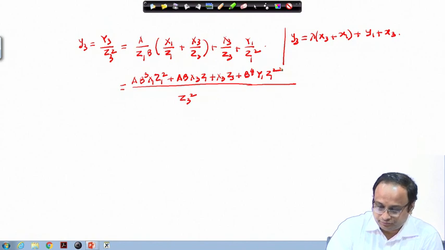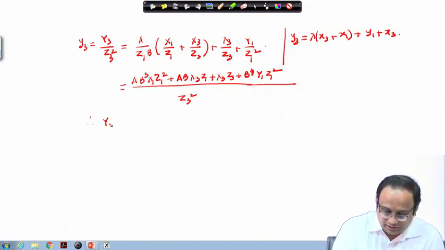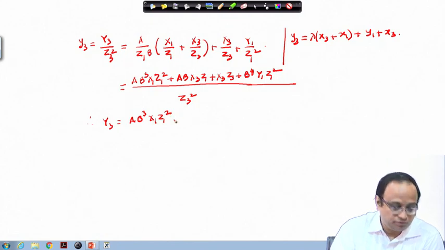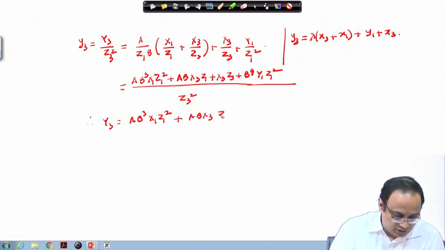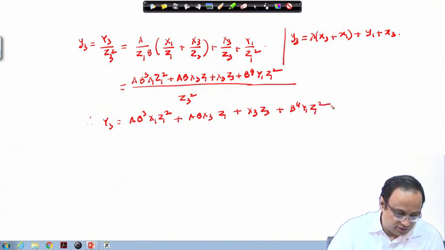Okay. Right. So, if you have these components, then now you can write therefore Y3 as AB cube X1 Z1 square plus AB X3 Z1 plus X3 Z3 plus b to the power of 4 Y1 Z1 square.